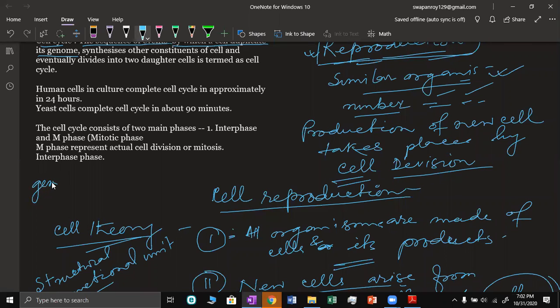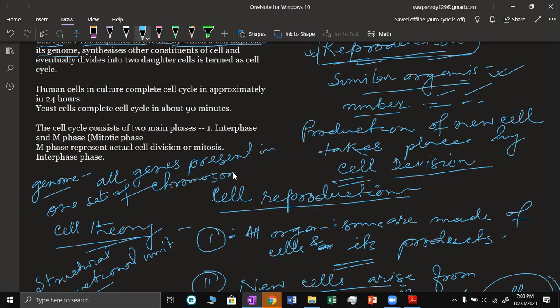Genome is all genes present in one set of chromosomes. Chromosomes are very, very important things because they determine the character of the organism.